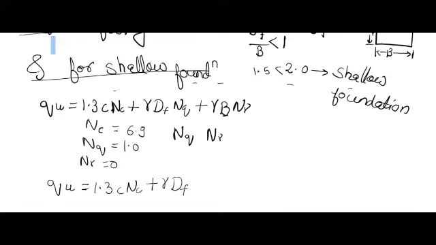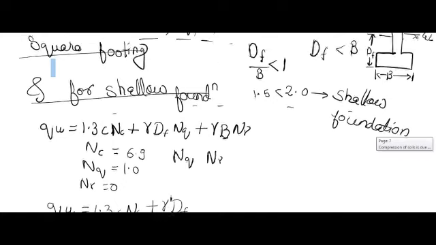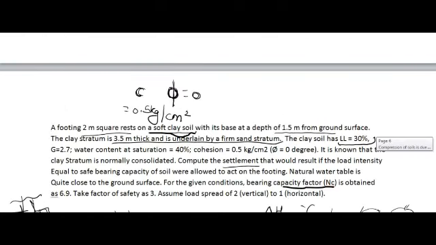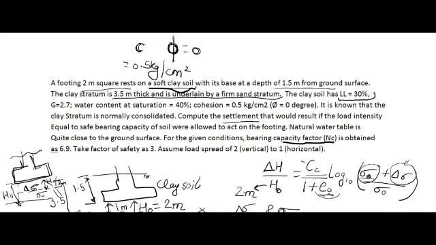Now here this gamma is gamma dash, because again you have to read the problem very carefully. In this problem it is written that the natural water table is quite close to the ground surface.